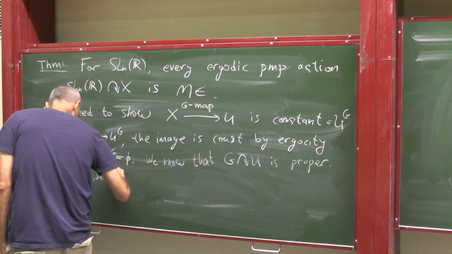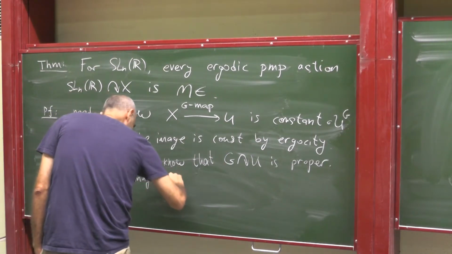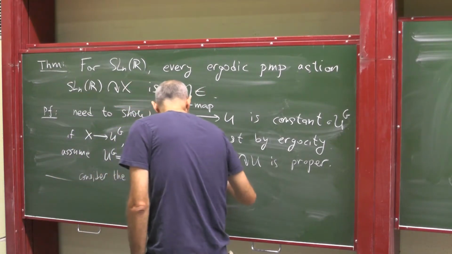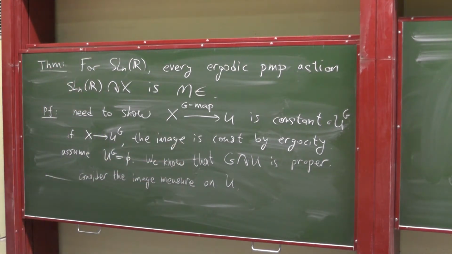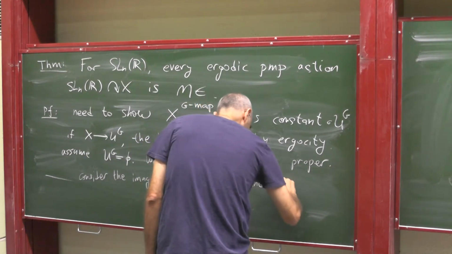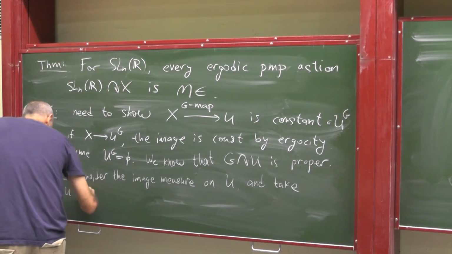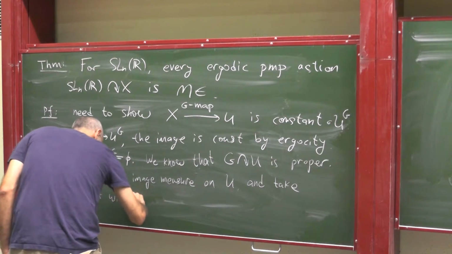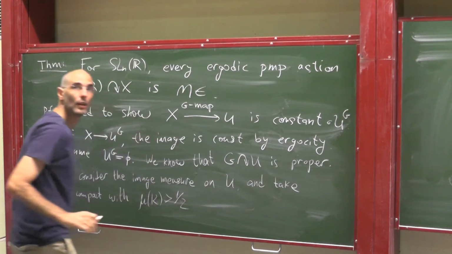Consider the image measure on U. So I think of the image which is pushed to U. And take K in U compact with more than half the measure.